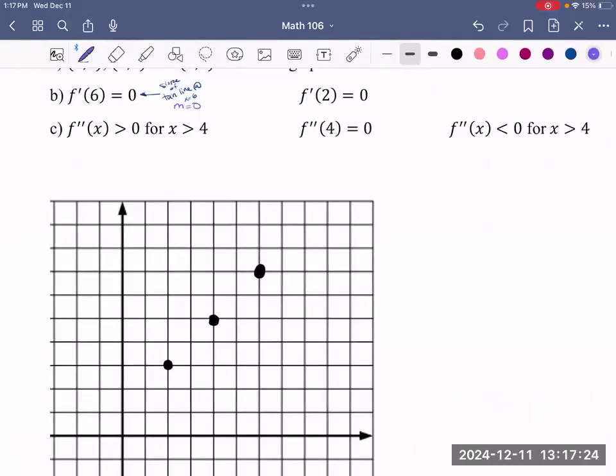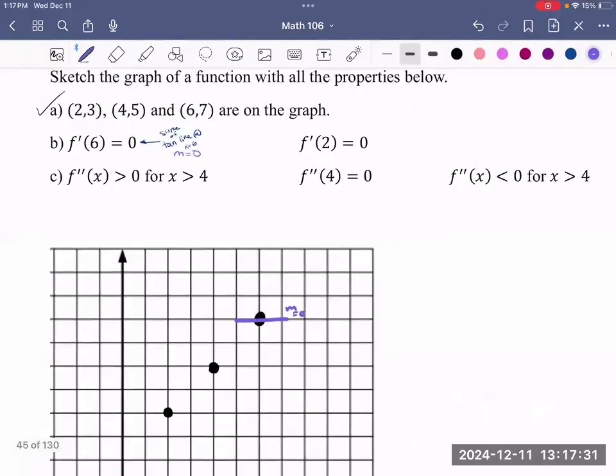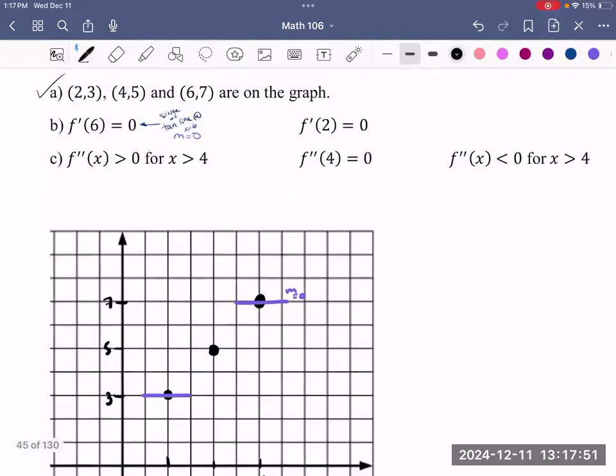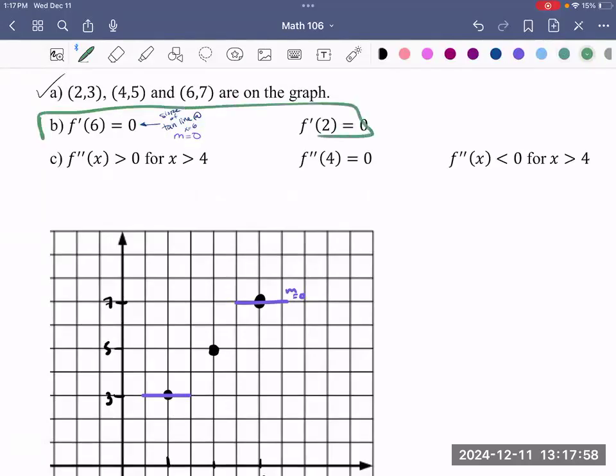And again, another one when x is equal to 2. I might just have to label my x values. We have 2, 4, and 6. We have 3, 5, and 7. So when the slope of your tangent line is equal to 0, what are these points actually called? Well, these are called your critical points.